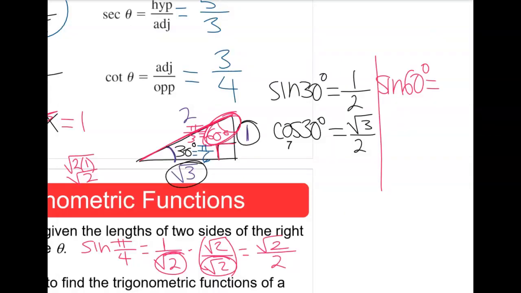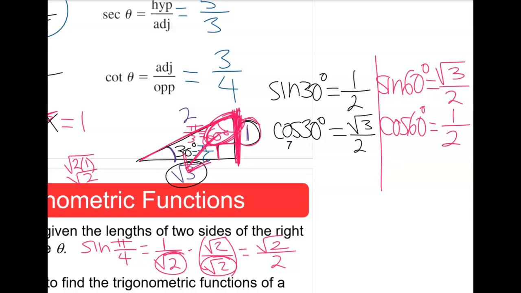So now here is our angle, and the opposite side to that is going to be the square root of 3. That's opposite to 60 degrees. And the hypotenuse is still 2. If I ask you what is the cosine of 60 degrees, that will be the adjacent side to 60. So it will be the one here, 1. And the hypotenuse is 2.